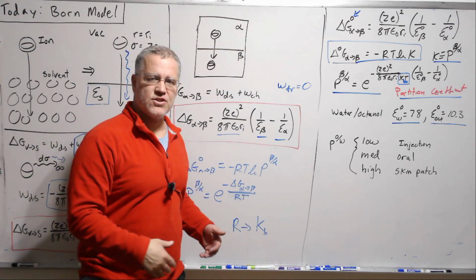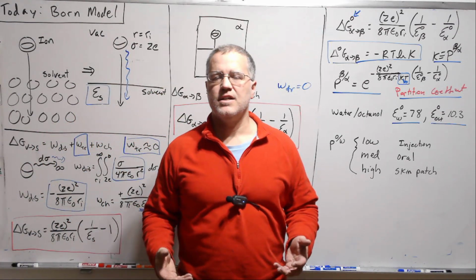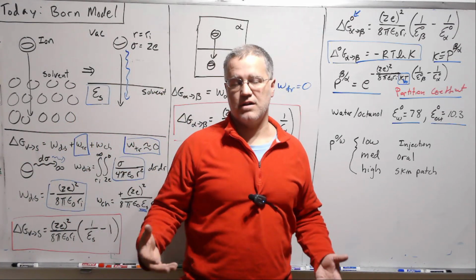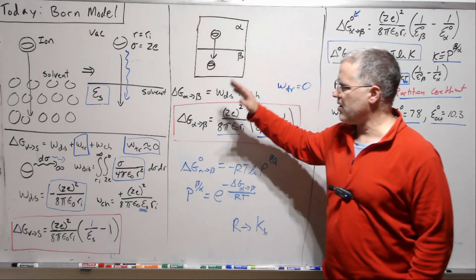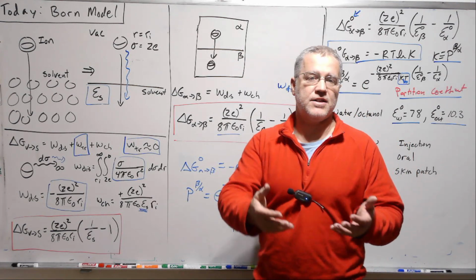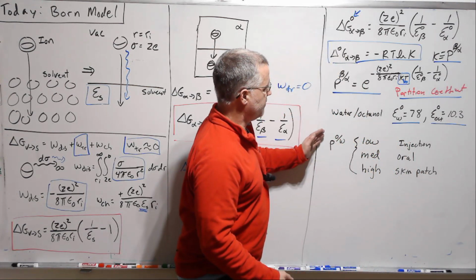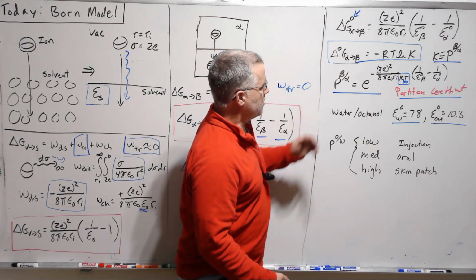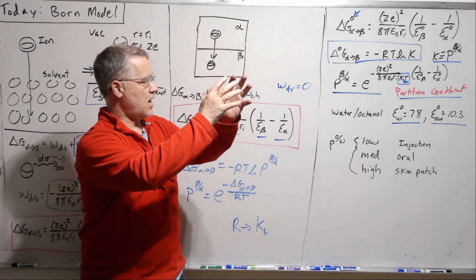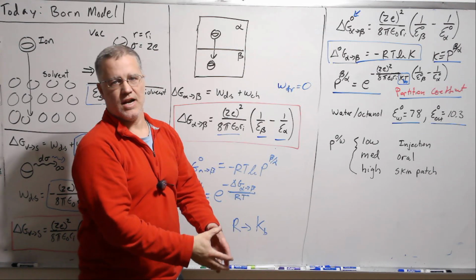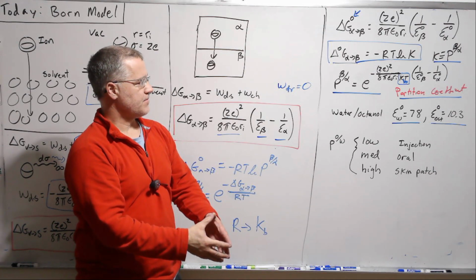Now, oftentimes this goes beyond ions, although certainly some drugs are ionic in form. So here we're talking just about ions. But if we extend a little bit to this idea of the partition coefficient, then in general, we're looking at how much of our drug is in the octanol or oil phase and how much is in the water phase.